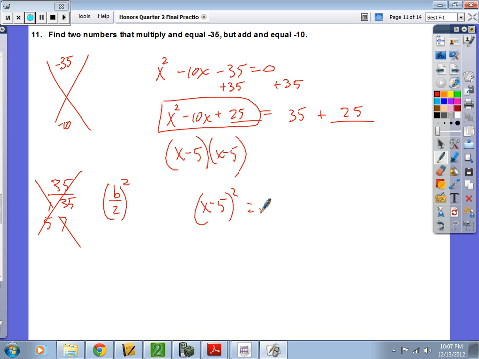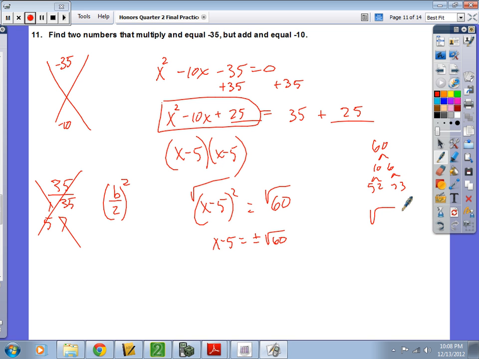On the other side, 35 and 25 is 60. Okay, now undo your square. Square root the left, square root the right. So you got x minus 5 equals plus or minus square root of 60. Okay, 60. Is there something we can pull out of 60? So 60 is a 10 and a 6, a 5 and a 2, a 2 and a 3.